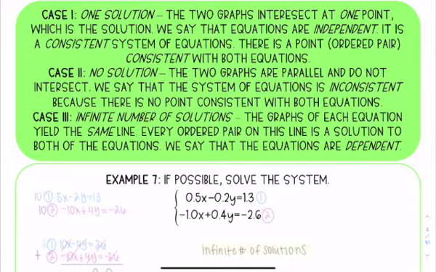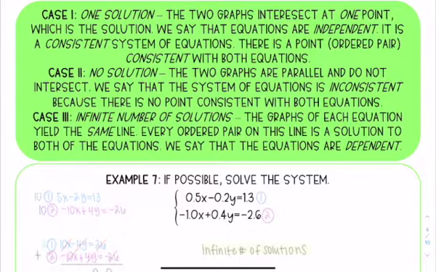We say that the system of equations is inconsistent because there is no point consistent with both equations. An infinite number of solutions, the graphs of each equation yield the exact same line. Every ordered pair on this line is a solution to both of them, and we say that the equations are dependent. So let's go ahead and try one more system here.